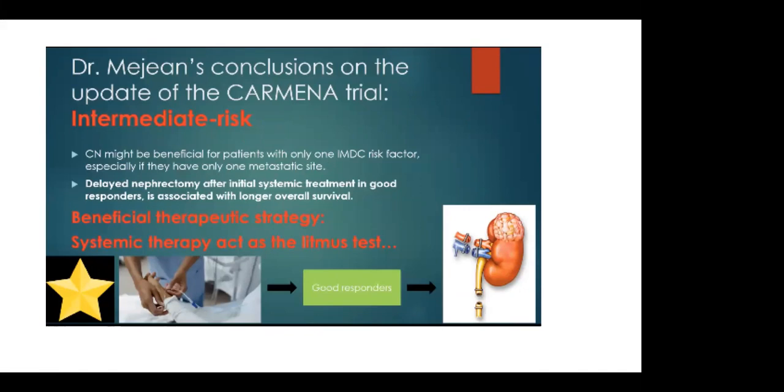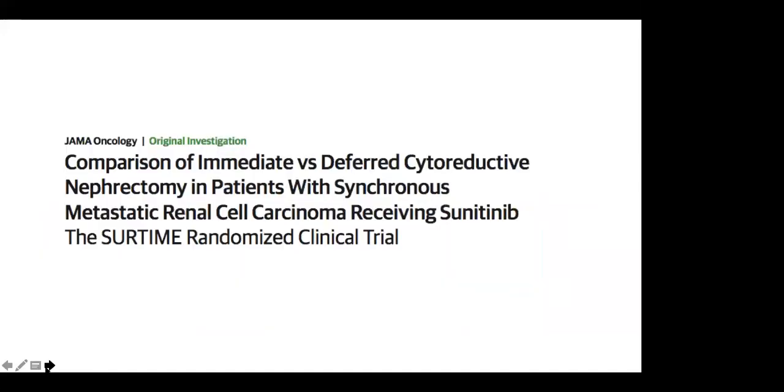This is for the intermediate risk group. And delayed nephrectomy after initial systemic treatment in good responders was associated with longer overall survival. So this again supports that there is a subset of intermediate risk patients who should not be denied cytoreductive nephrectomy, and you need to know your own outcomes, your own cases, and your own results.